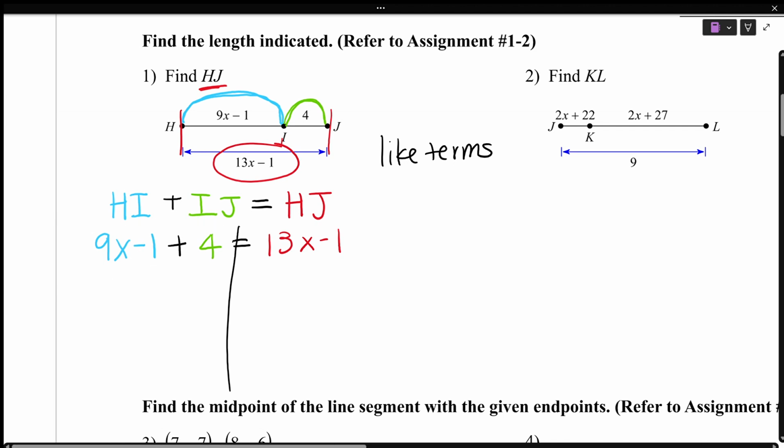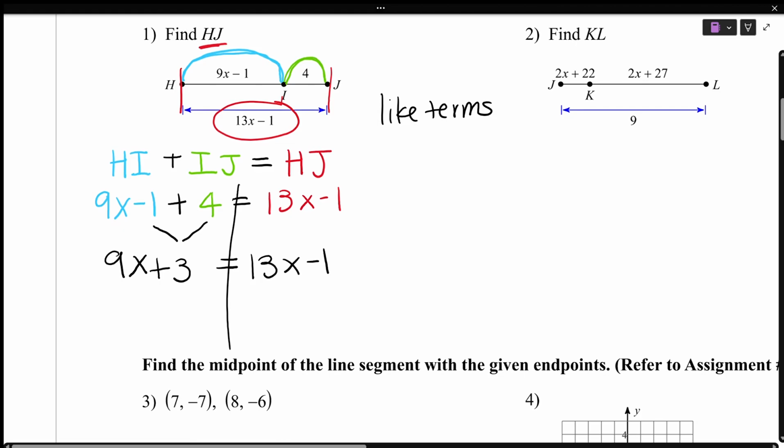So negative 1 and 4 are like terms because they don't have an x. Negative 1 plus 4 is positive 3. So I combine like terms, and I'm going to bring everything else down because I haven't used everything else yet.